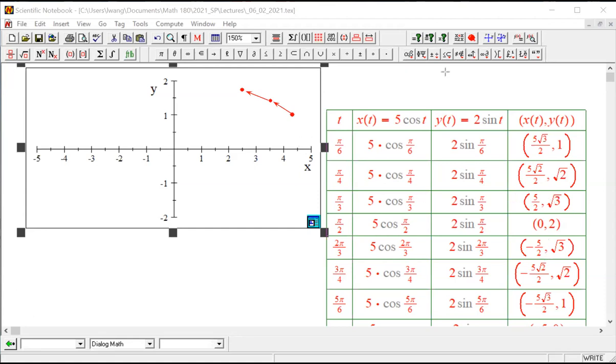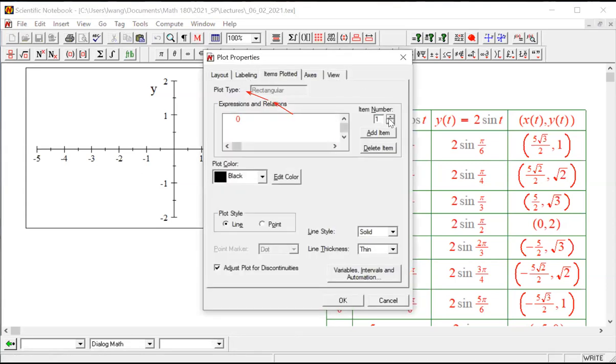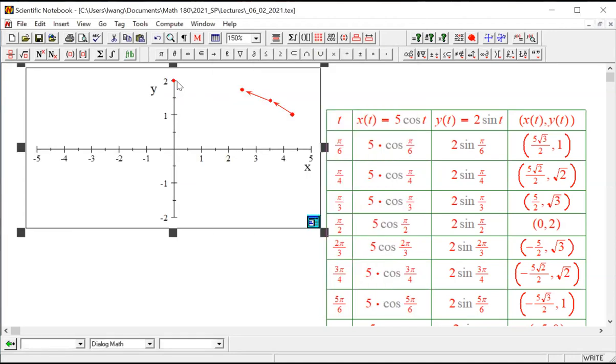And of course, the next point, you're going to have 0, 2. At the point 0, 2 right there. So it's counterclockwise. And we know this is an ellipse.